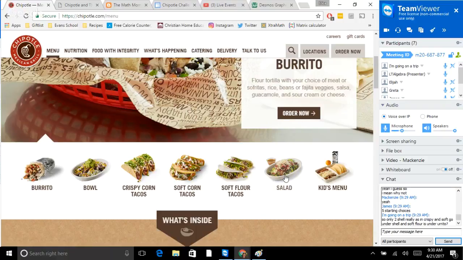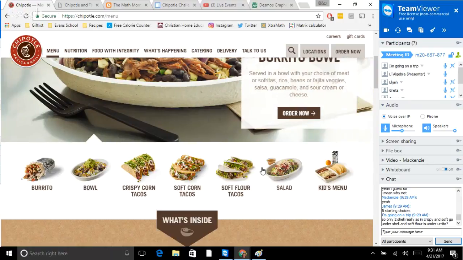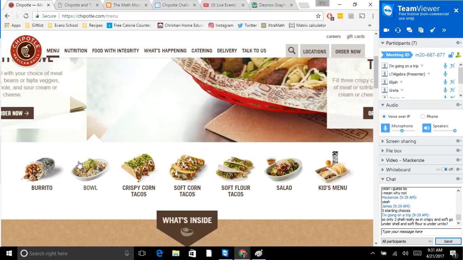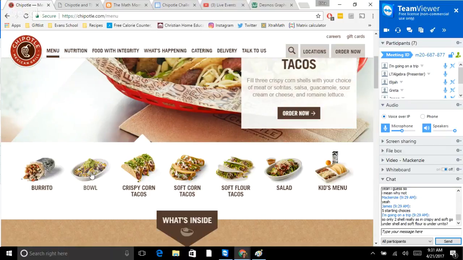There's some people that get lettuce as their base, like it's a salad versus a bowl. Do we want to include the idea of getting lettuce as your vessel, or do we want to call that just a bowl and then make that one of your choices?